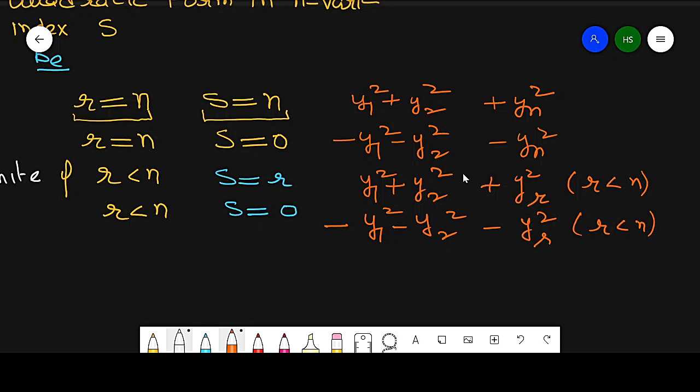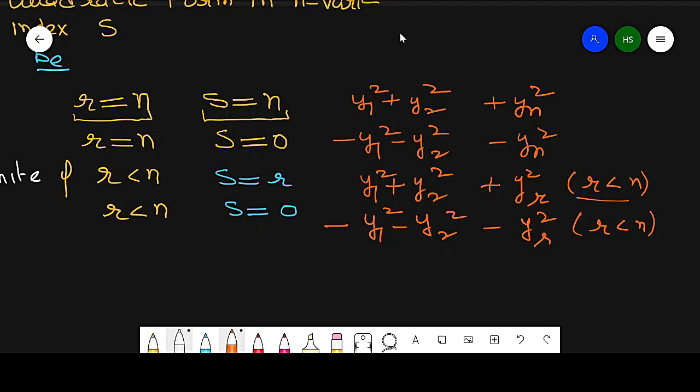So this is simple: if all terms are positive, then it is a positive definite. If all terms are negative, then it is a negative definite. But if the number of terms is less than n, then it is a positive semi-definite or negative semi-definite.